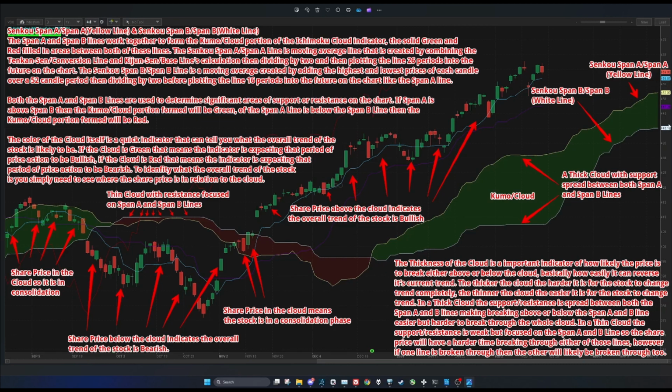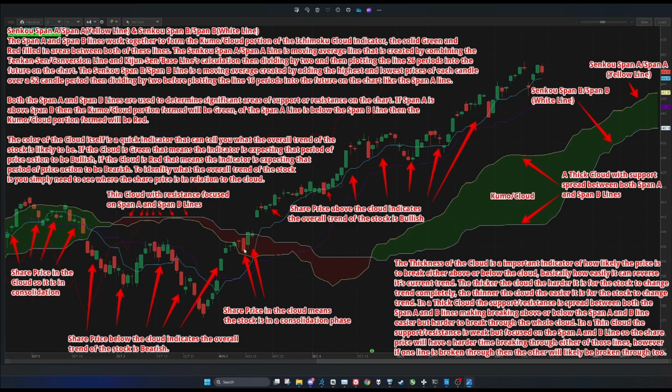So when you get the cloud portion, the green portion of the cloud, or the red portion of the cloud, if your cloud is green towards the very, very right, that tends to be an indication that it believes the overall trend of the stock is going to be bullish during the time frame it's green.